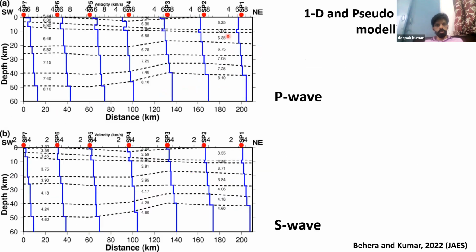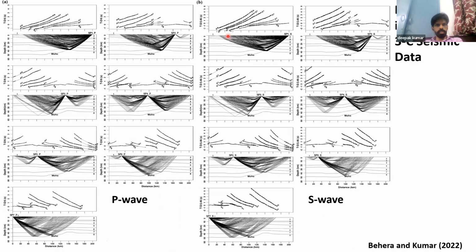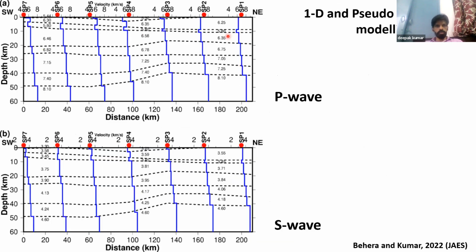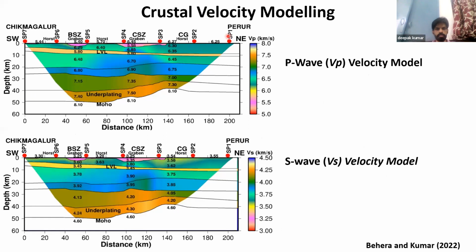Okay, so as you see here, see the ray coverage. Only the area which has been illuminated with the help of seismic waves has been modeled. The velocity model has been prepared for that, for P wave and for S wave.